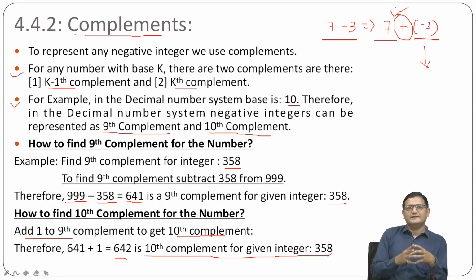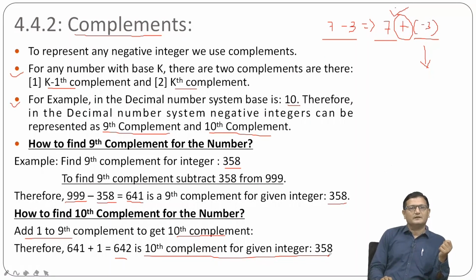So, we will see how subtraction can be done using 9th and 10th complements, and then we will see how the computer actually does the subtraction of binary numbers using 1's and 2's complements. In the next two upcoming sessions, we will discuss how the computer does addition using binary numbers, and how subtraction is done, right.